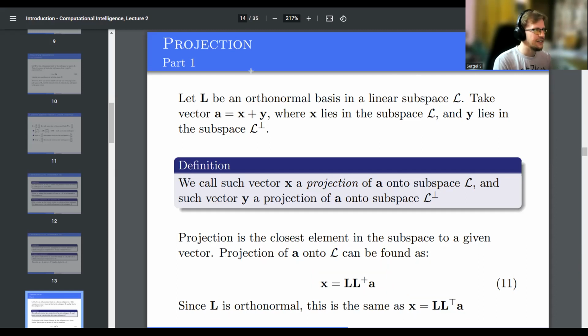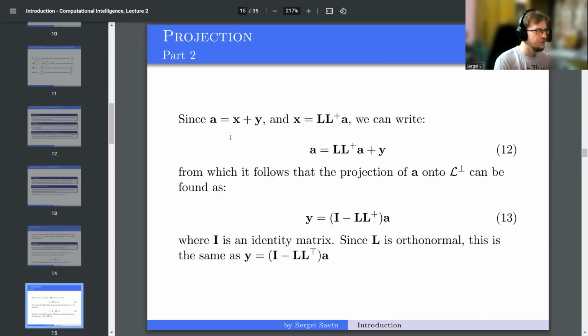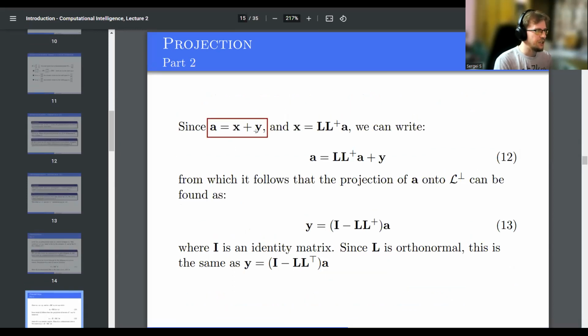Now let us see what else we can do. Well, first we remember that A is still X plus Y, right? But X is now equal to L pseudoinverse A. We can substitute this instead of X, and what we get is expression 12.